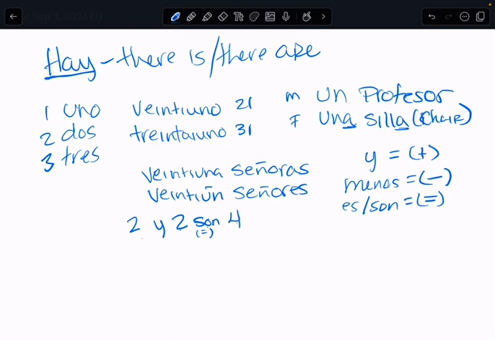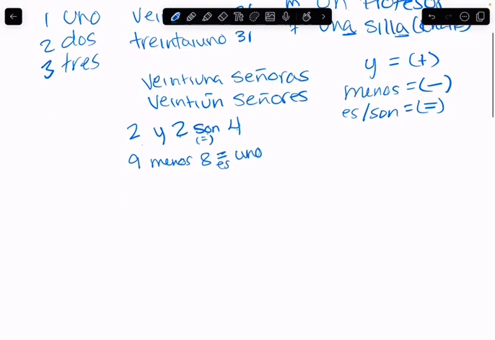Does that make sense? So there's a little section that goes through some math problems. And this is important because when we get to the time, this is what's going to be useful for that. So if you have 9 menos 8 es 1. 9 minus 8 is 1, right?